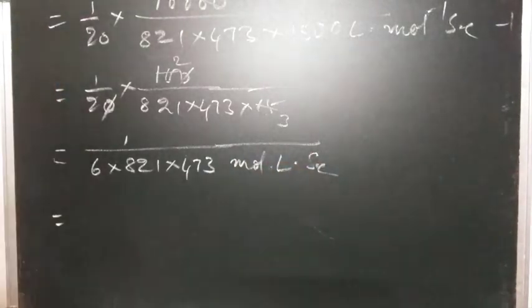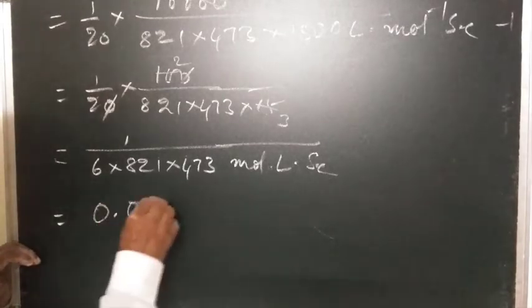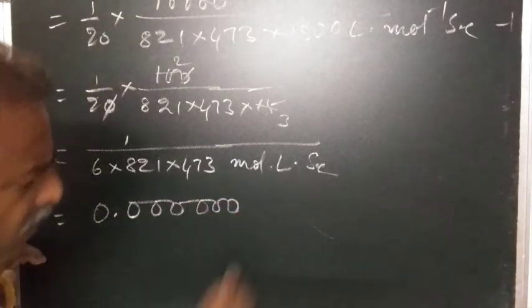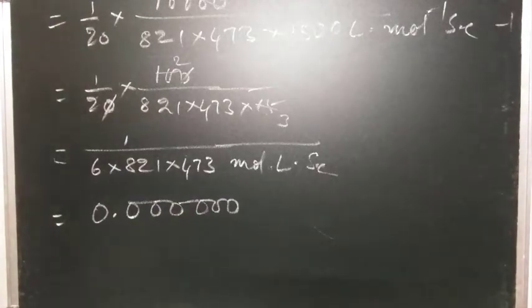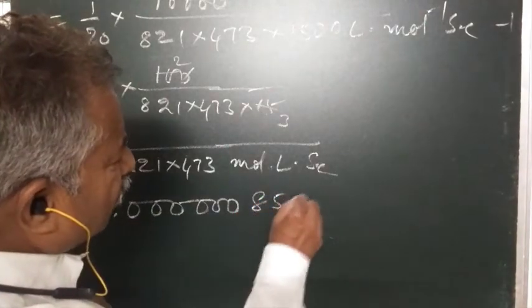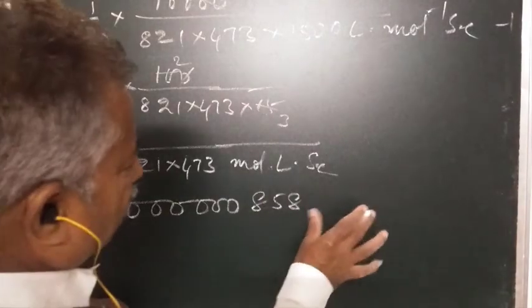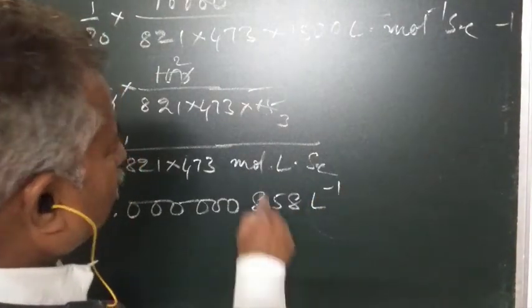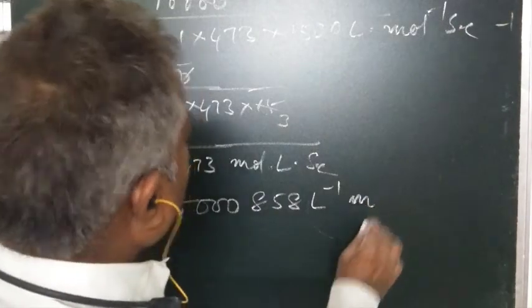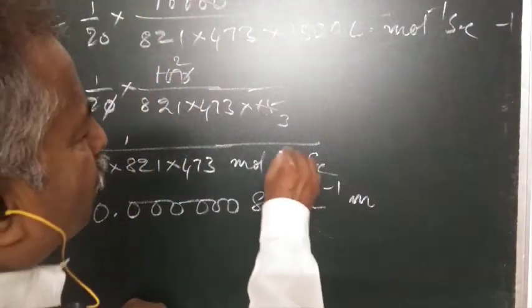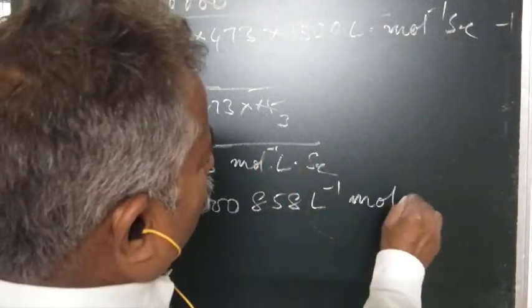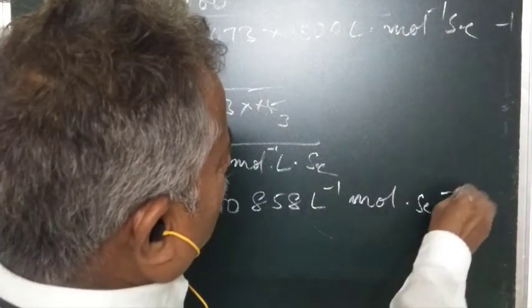So if we calculate this, after simplification, this becomes 0.608581858 liter minus 1 mole minus 1, so this becomes mole second minus 1.